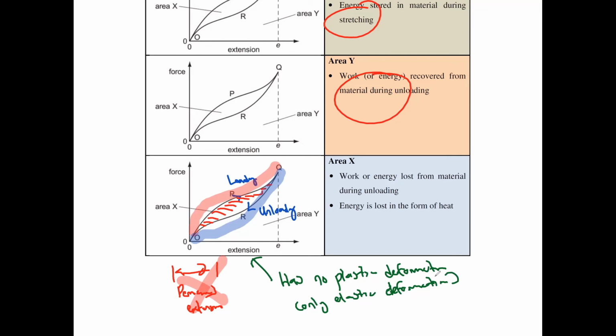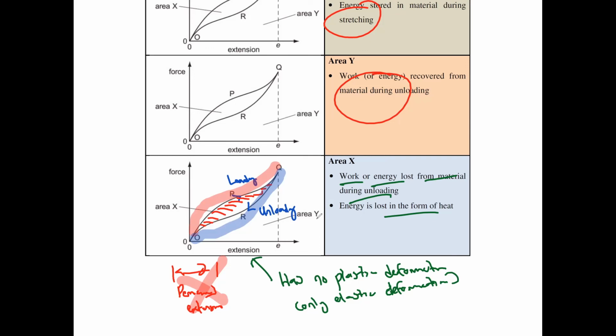So what does this area mean? This one is actually the work or energy lost from the material during unloading, in the form of heat. So this area X represents the energy that you've lost in the form of heat.